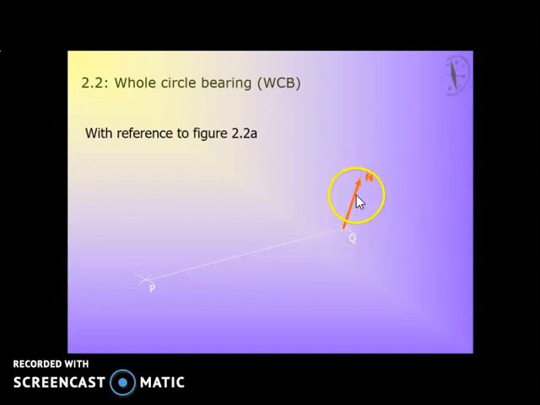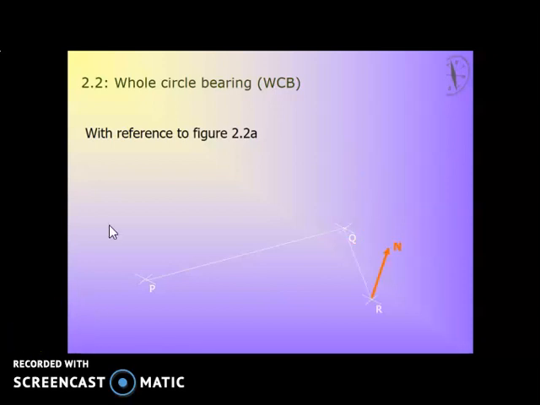And then you rotate in a clockwise direction. So the whole circle bearing of the line QP becomes this particular angle. So by now you should understand that there is a difference between the whole circle bearing of the line PQ and the line QP. It depends on how you refer to the line.